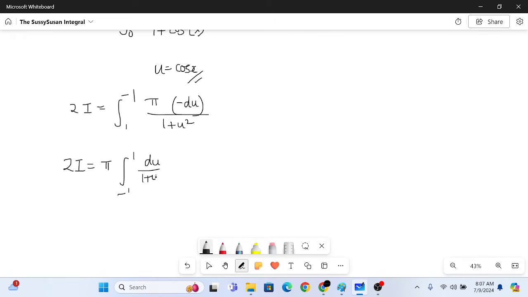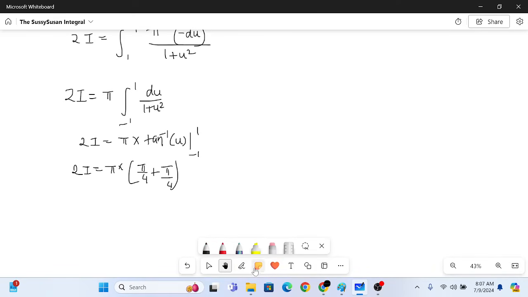Now I guess you know how to solve this integral. 2I is equal to pi times tan inverse u, going from minus 1 to 1. Tan inverse of 1 is pi by 4, minus minus pi by 4, so plus pi by 4. So we get the answer.